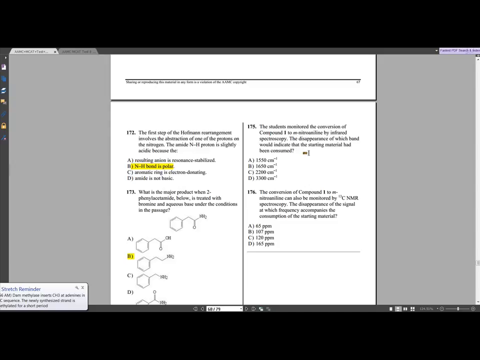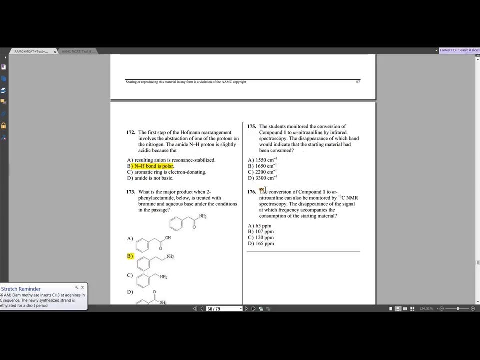Basically, I guess the disappearance of the amide group is going to indicate the starting material is consumed, because the final nitroaniline doesn't have an amide.